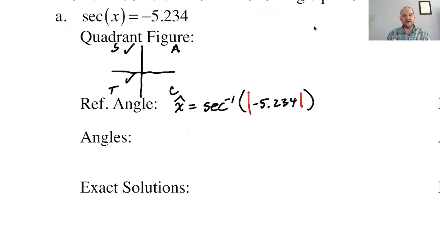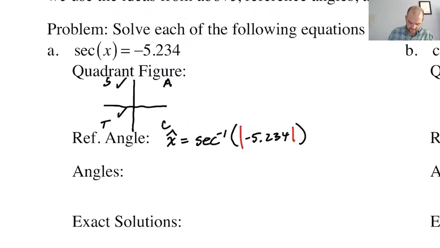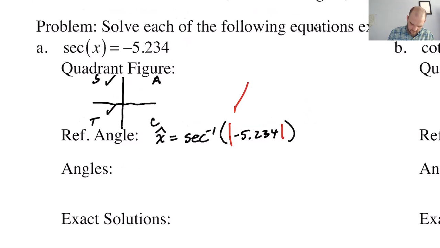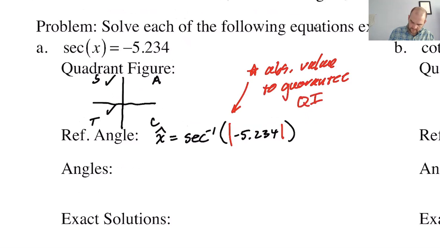We're using the absolute value because it's guaranteed to give quadrant 1, therefore a reference angle. So you're always going to use the absolute value when you're finding a reference angle.